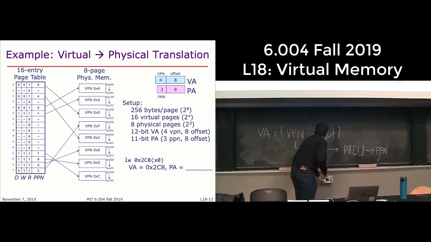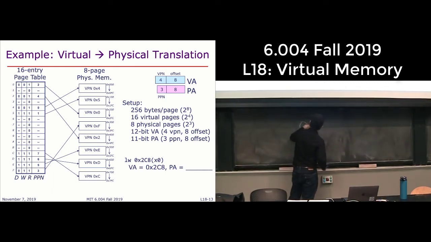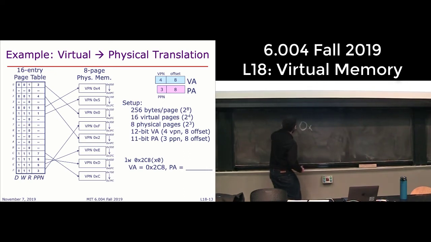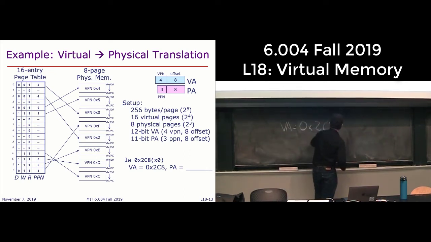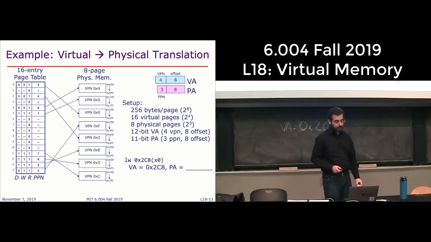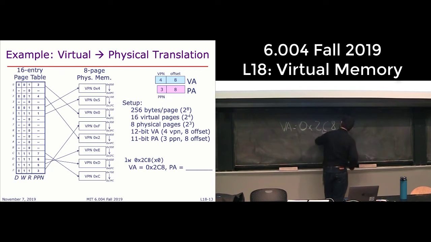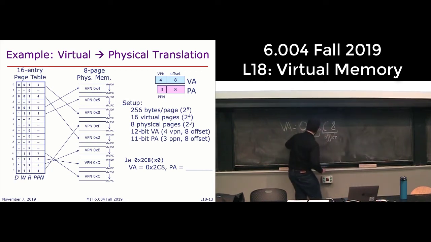So the first thing is, from this virtual address, what is the offset and what is the virtual page number? Well, this 256 bytes per page is chosen basically so that we can do this problem in hex, because that's just 8 bits. And so this is the offset, right? And this is the VPN.